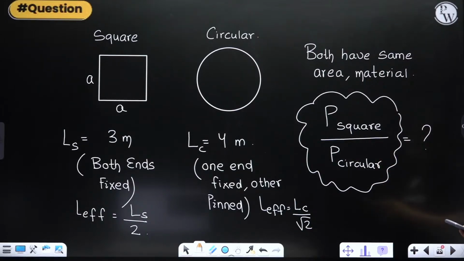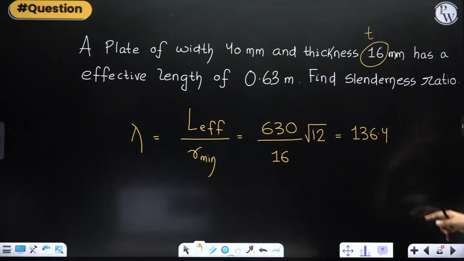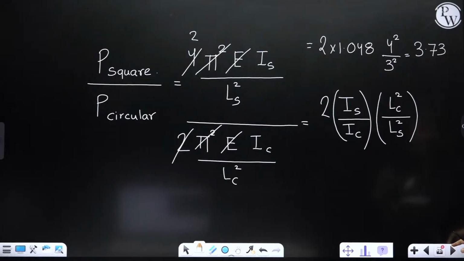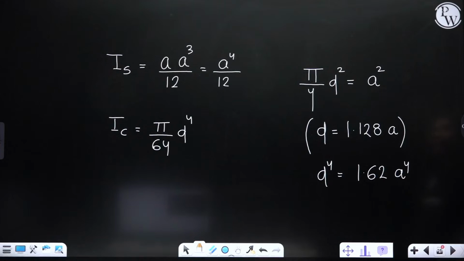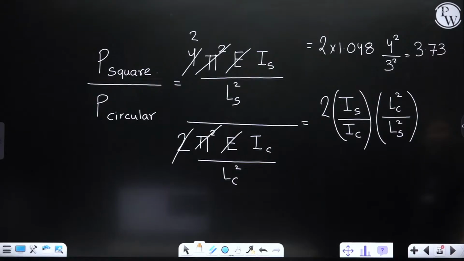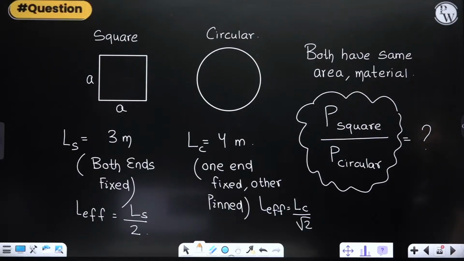So 16 divided by 9, and IS by IC we got is 1.048, and then that 2. It is 3.73 approximately. Such kinds of questions they will ask in the examination, comparing the buckling load. Any other question they give, you can easily find out.